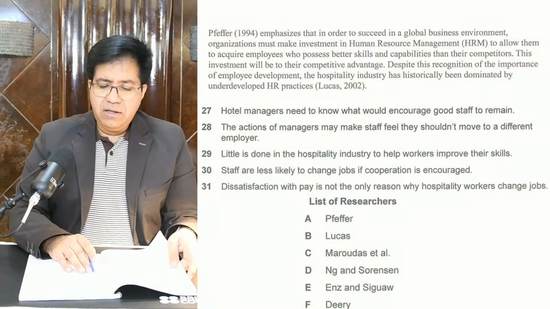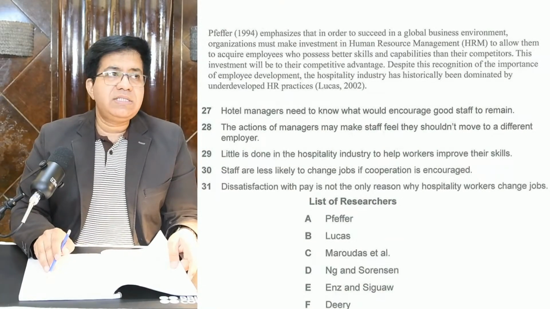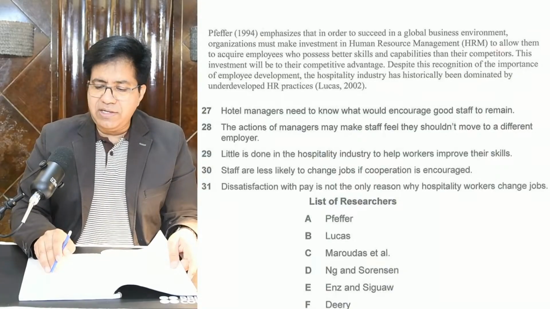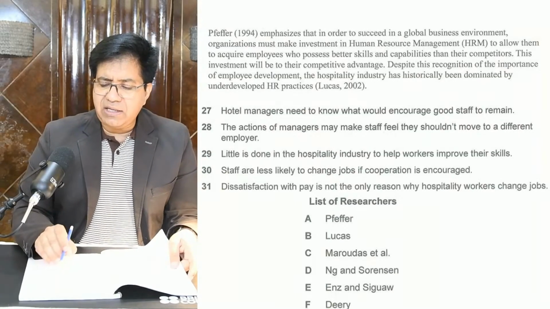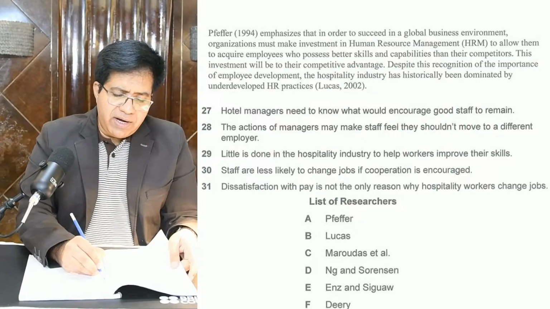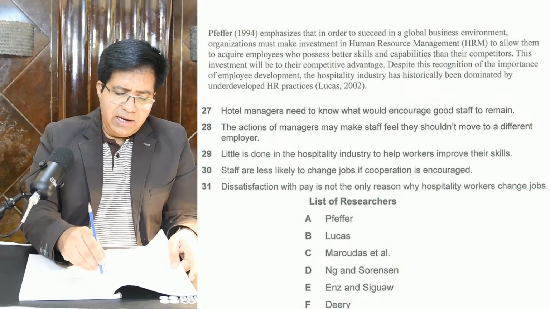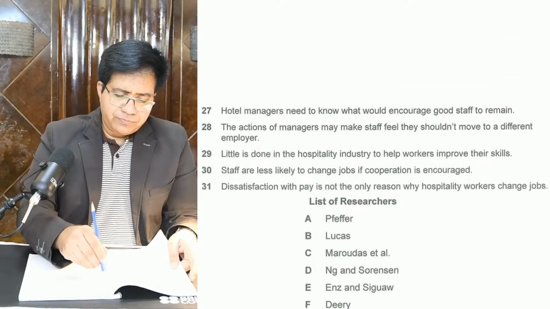Little is done in the hospitality industry to help workers improve their skills. Their HR practices are underdeveloped. Question number 29, correct answer is B. And please cross number 29 from there so that you don't read it again and waste your time, okay?